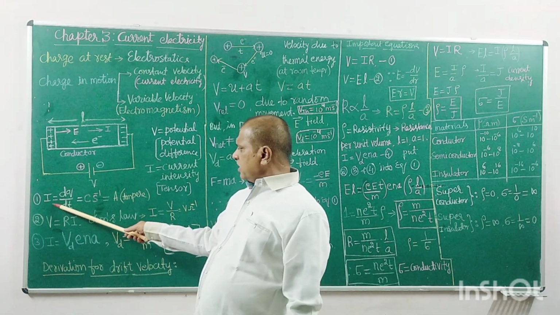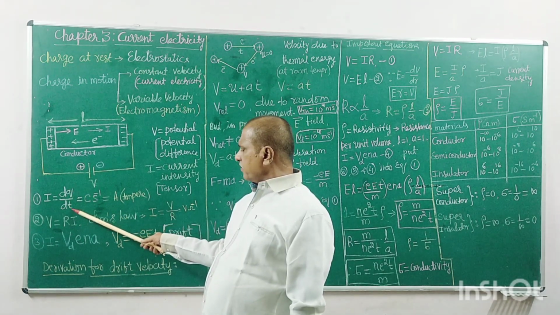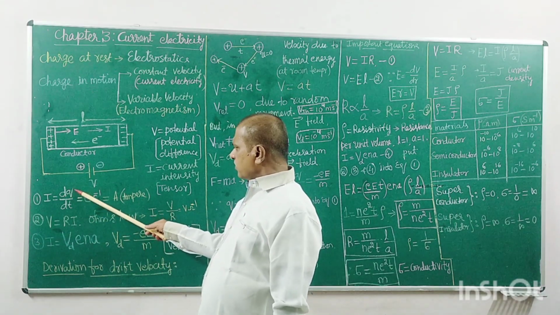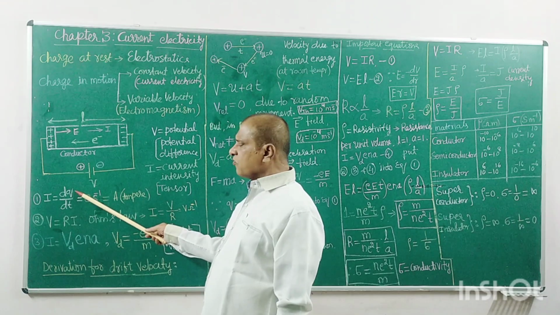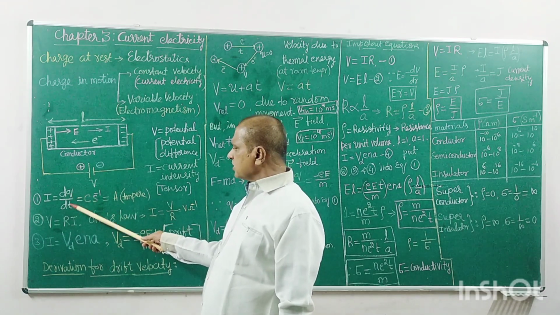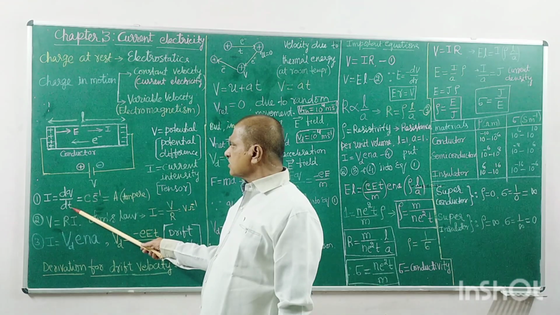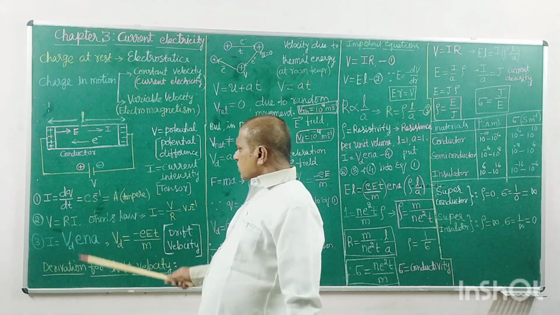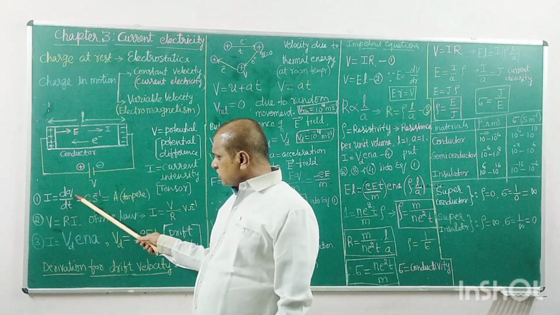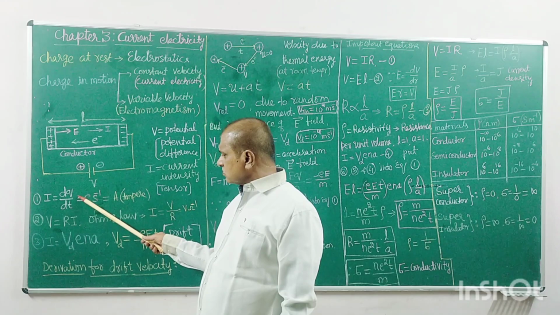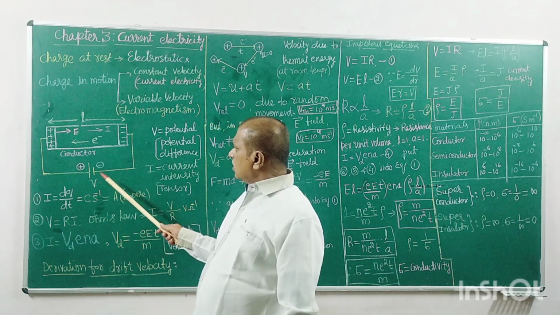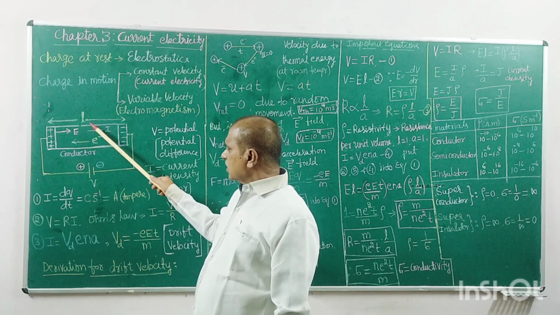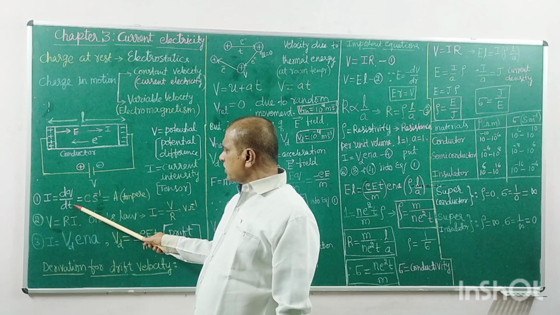One is that electric current I is defined by the equation dq by dt. What does this equation say? It is the rate of flow of charge in the conductor. Charge is electrons, of course. Rate means how much charge flows through a cross section of this conductor in a given unit time.